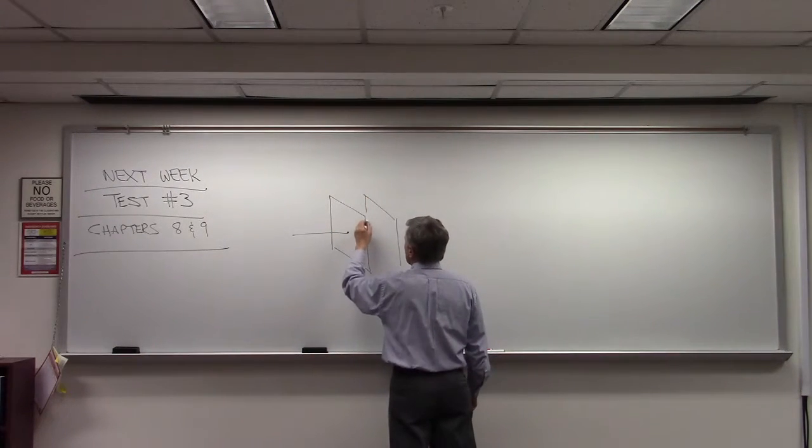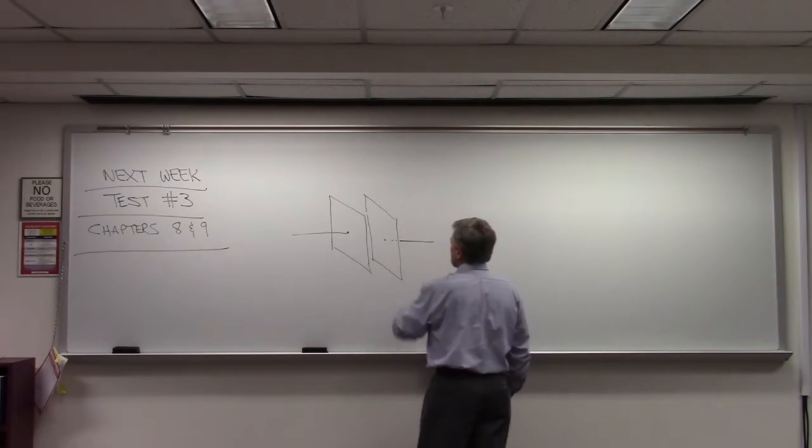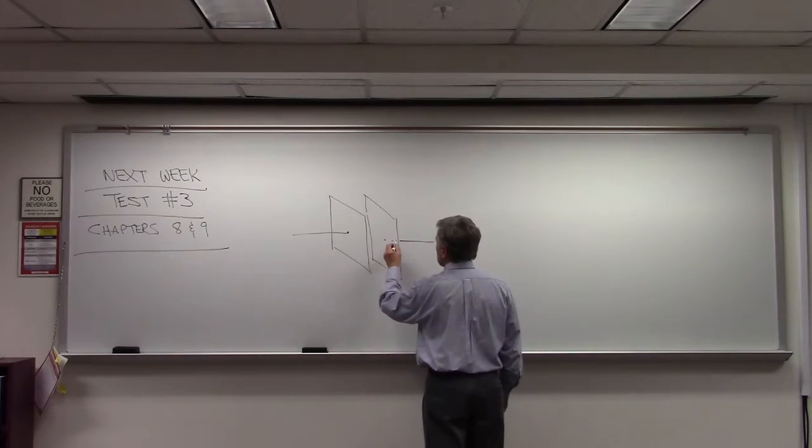So a capacitor is nothing more than a device that consists of two metal plates, like so.